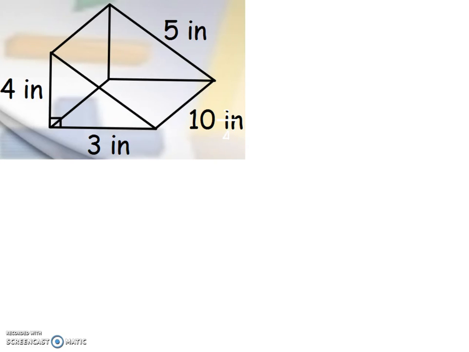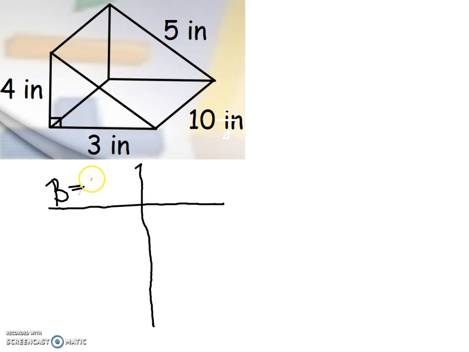Okay, today we're going to talk about calculating the volume of a triangular prism. If you remember on Friday, we set up a T-chart, and in that T-chart, we found the area of the base. Well, what shape is the base? The base is a triangle.